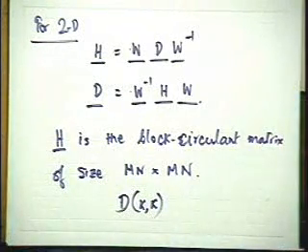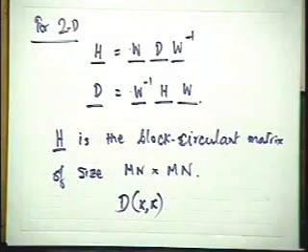And in the case of two dimension, the diagonal elements D of K, K become the two-dimensional discrete Fourier transform of the h function.